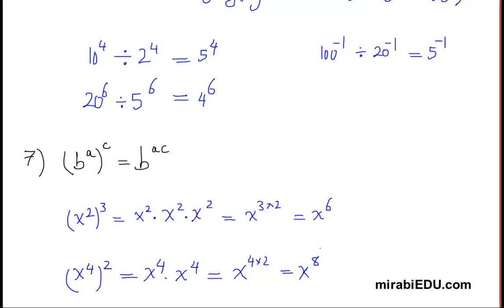It is worthy to note that x to the 2 to the 3 without parentheses, the priority is to the power here, so it is x to the 8. But x to the 2 with parentheses brought to the third power will be x to the 6. Here we multiply the powers, but without the parentheses, it's a different story. Okay, it's enough for here.